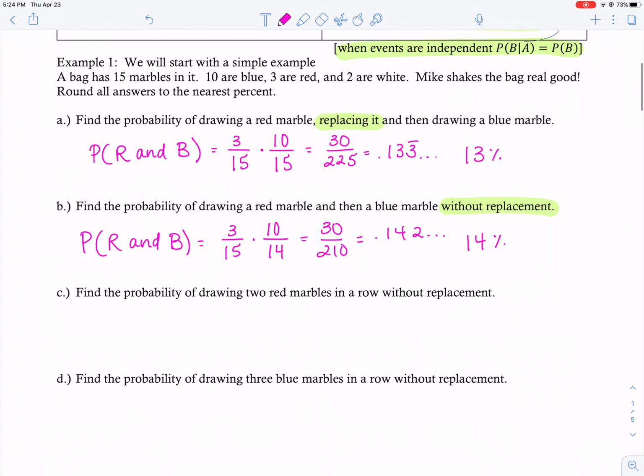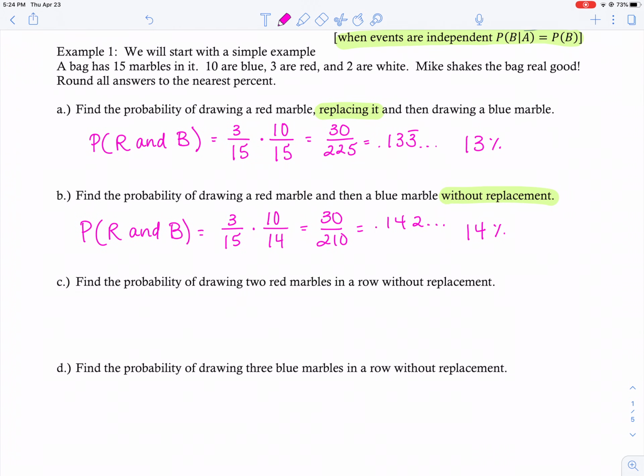In the next one, it says find the probability of drawing 2 red marbles in a row, once again without replacement. So now you have the probability of red and red. Your probability of picking that first red is 3 out of 15.